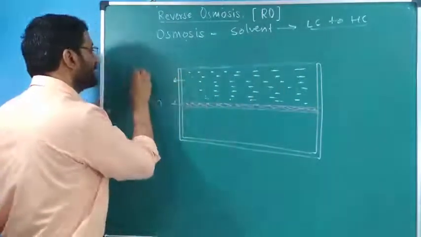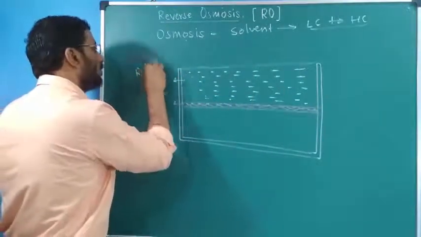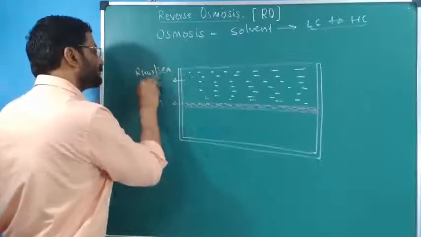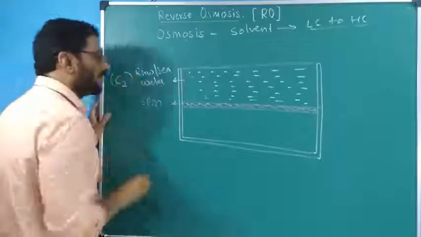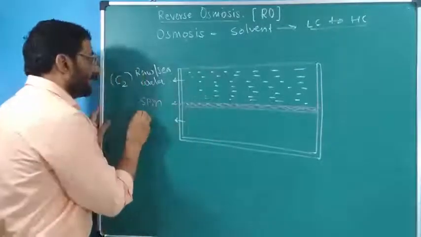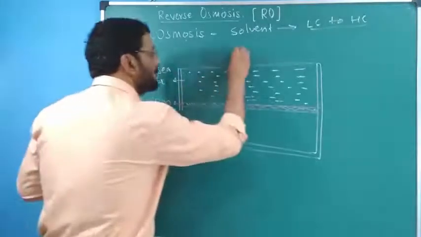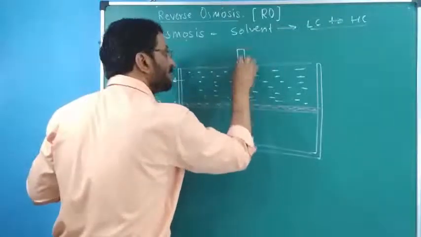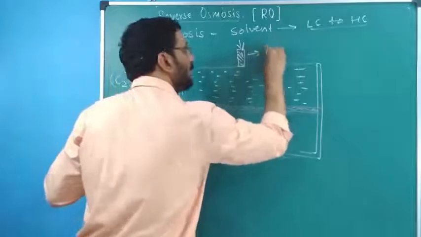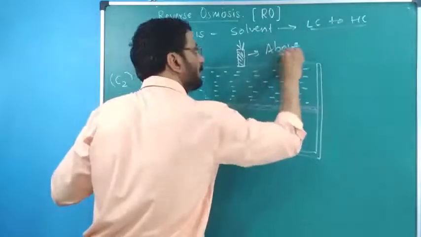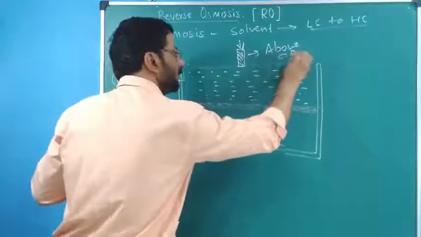So this is raw water or even sea water which has a higher concentration, say C2. When we apply pressure on this, above the osmotic pressure, what will happen?